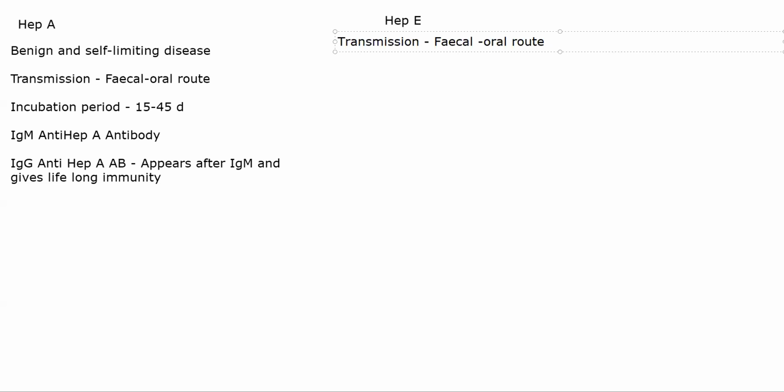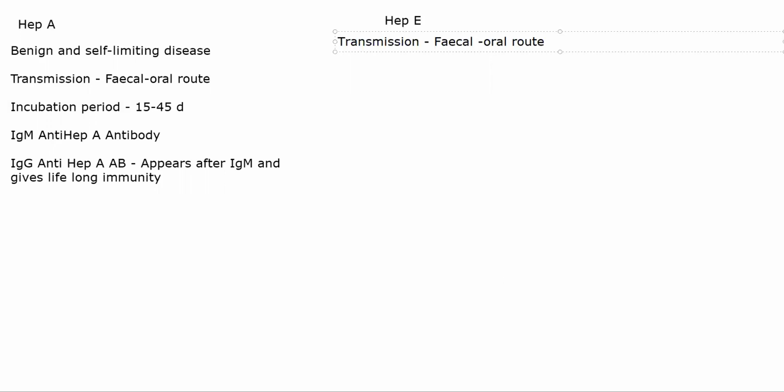When it comes in contact with fresh drinking water or water that you use for food, especially when that water is not boiled or not filtered properly, that is when this can occur.